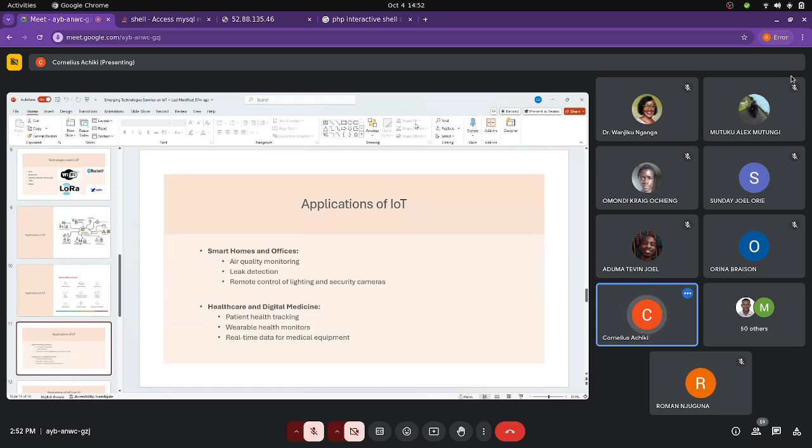Security cameras, these ones, as I mentioned also in the conservancy, they are motion-enabled IoT cameras such that if anything passes by, there's a trigger. And that trigger is what is communicated back as data to the control room and you're able to tell that something has happened within this region.